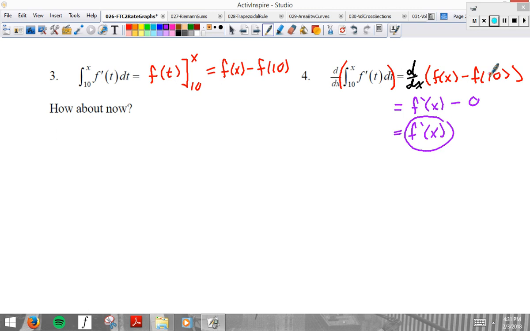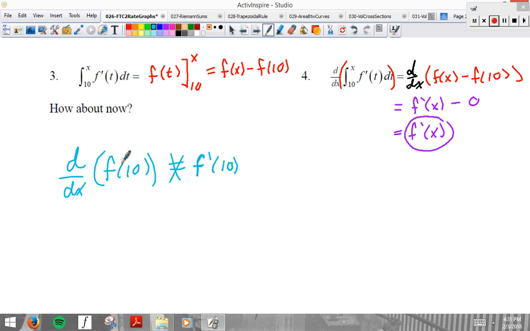Now quickly, I want to say again that the derivative of f of 10, this is something that happens on the AP test a lot, is not f prime of 10. And it all has to do with the order of operations here.